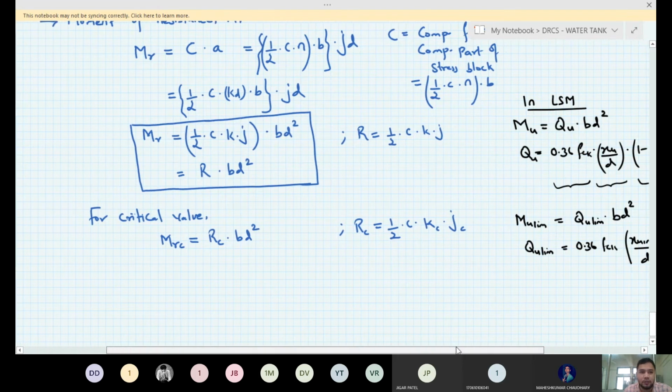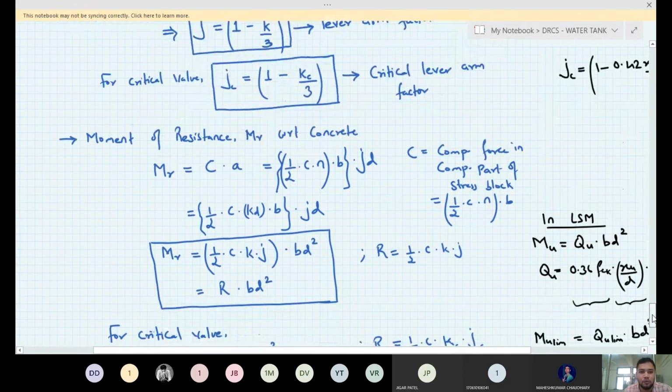This was with respect to the moment of resistance with respect to the concrete.